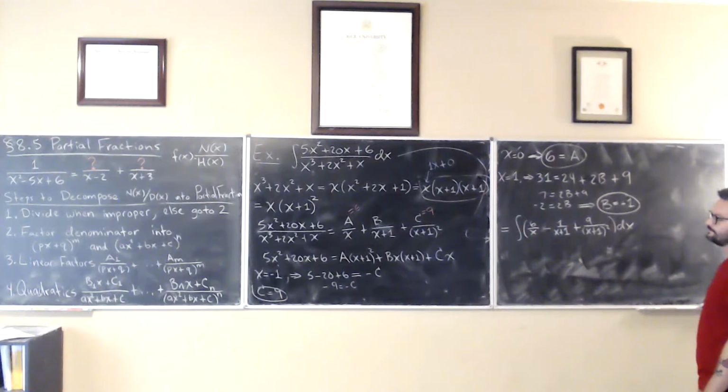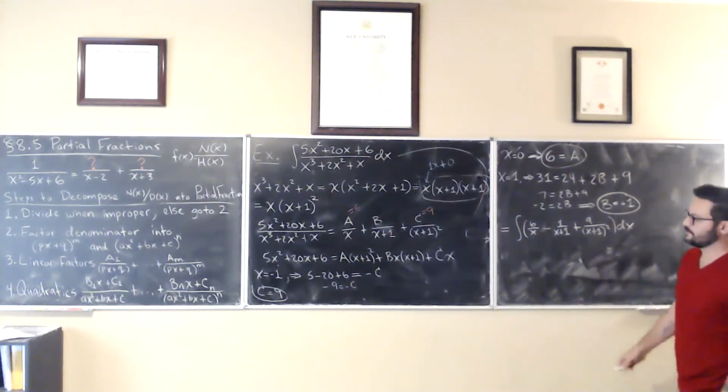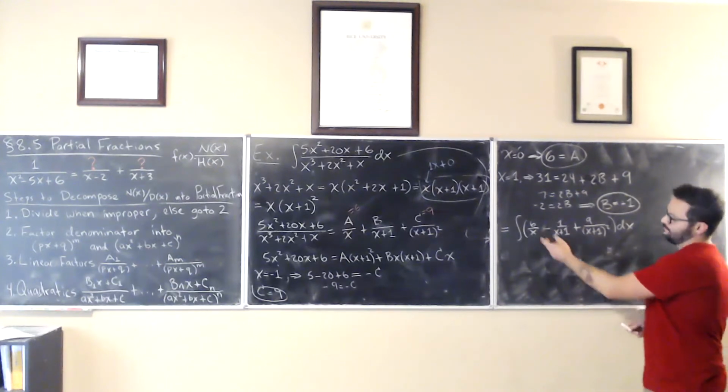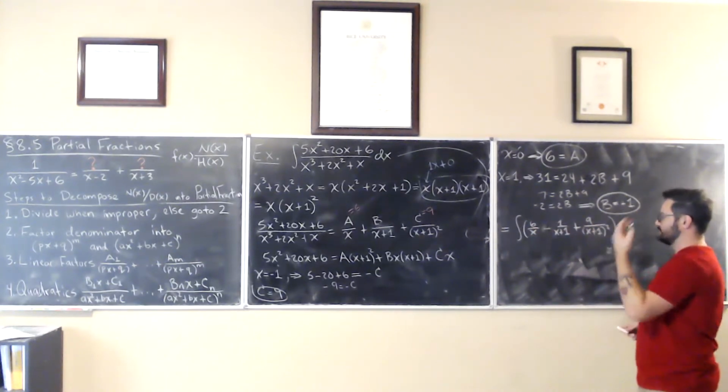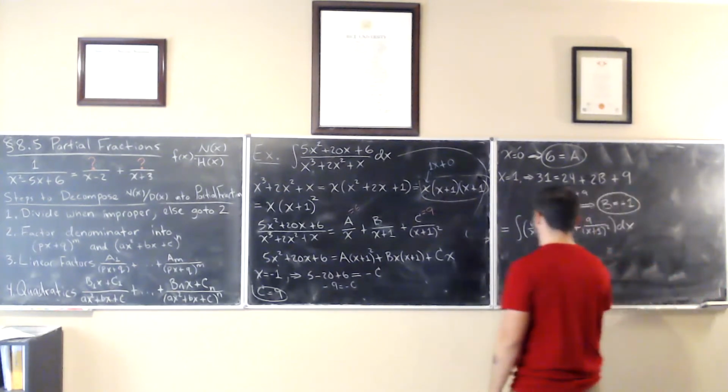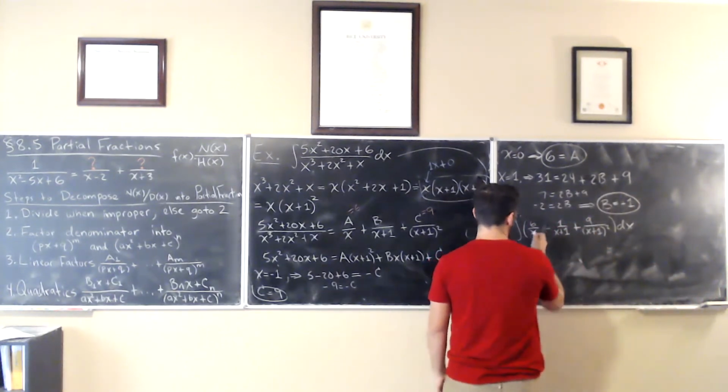So these are all u substitutions now, all natural logs, because we have x plus, so this is easy, this is easy, this is easy. Well, this one takes a little bit more thought, but I know what that's going to be.